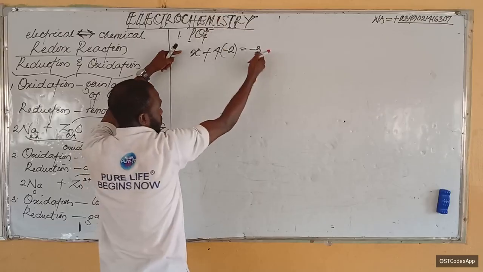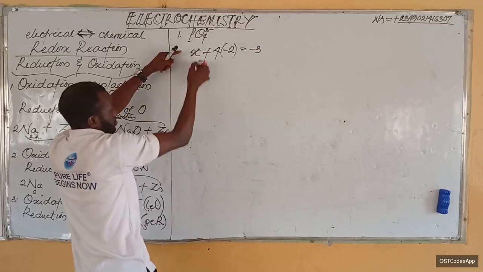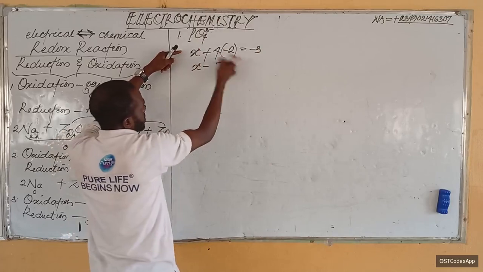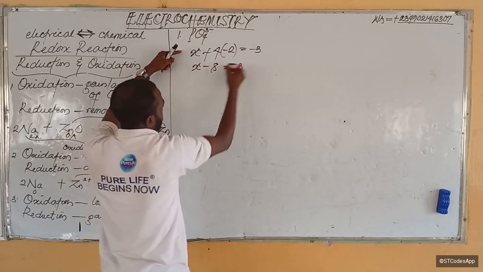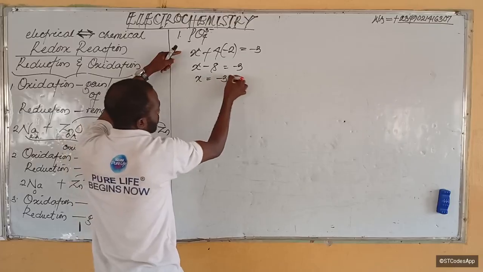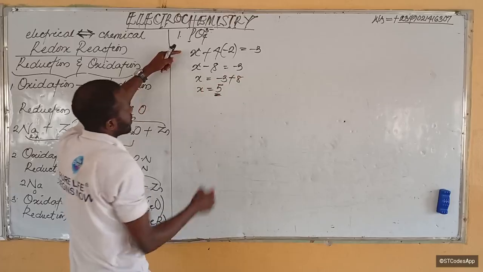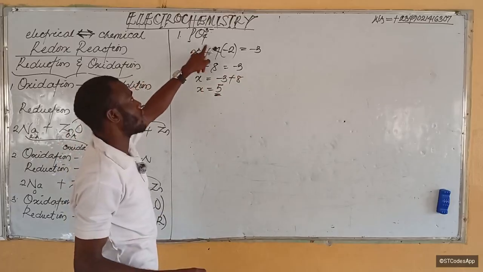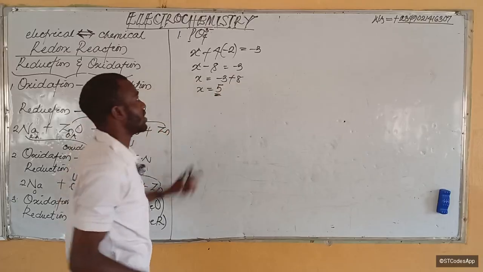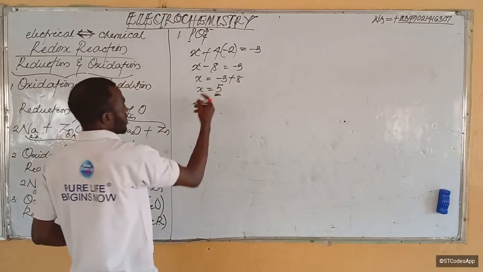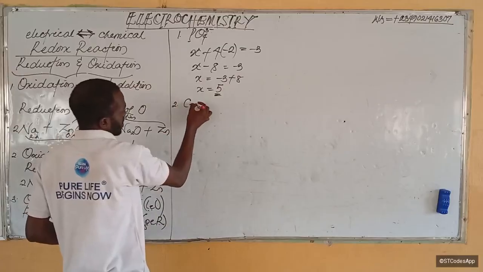But when we want to calculate, we use minus 3, because that's what it means. So X plus 4 times minus 2, minus 8, equals minus 3. So X will be equal to minus 3 plus 8. So X equals 8 minus 3, which is what? 5. Exactly. So that's why we call this tetraoxophosphate(V). The oxidation number of phosphorus there is 5. What if I ask you to find the oxidation number of this one?